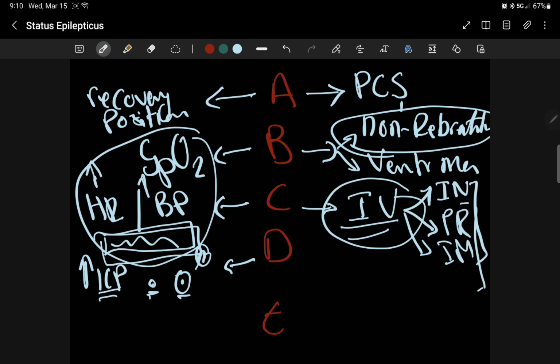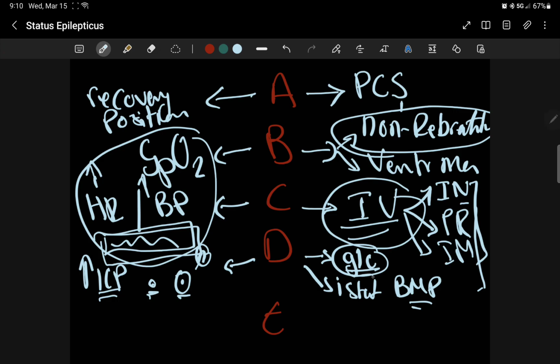Now that you're looking at this, I want you at this point to look for your glucose. So you can always order an i-STAT BMP, which will show you electrolyte imbalances and will show you glucose. Hypoglycemia is a common cause of seizures, easily reversible, and also time is brain with it.